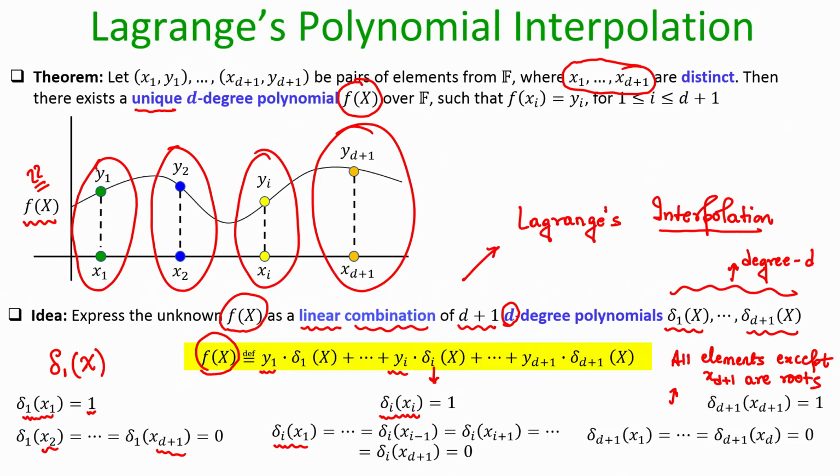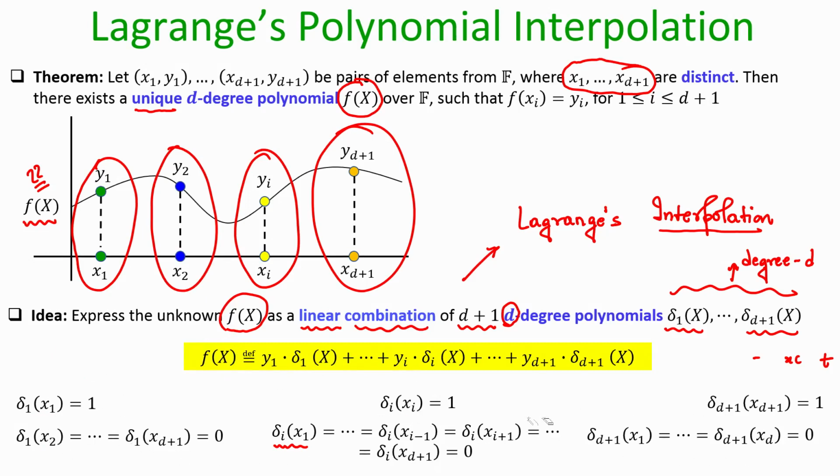Okay. And it is easy to see that the way I have defined this delta I polynomial, by definition itself each delta I polynomial will have degree d. Why? Because each delta I polynomial has exactly d roots, and hence degree d.